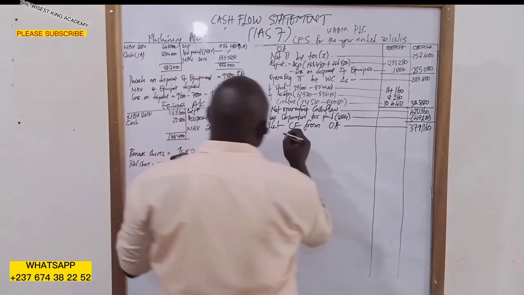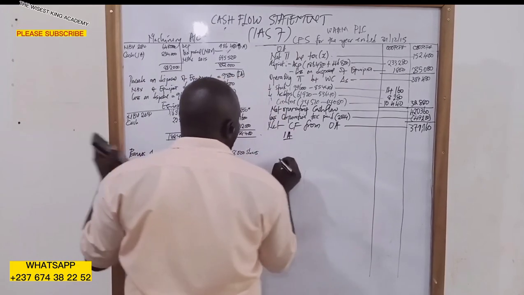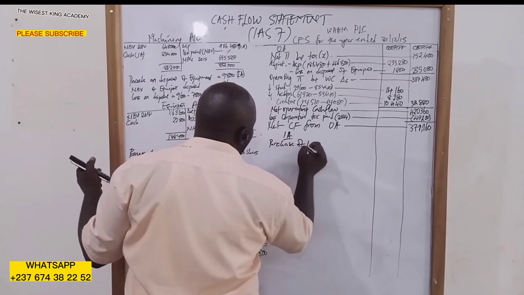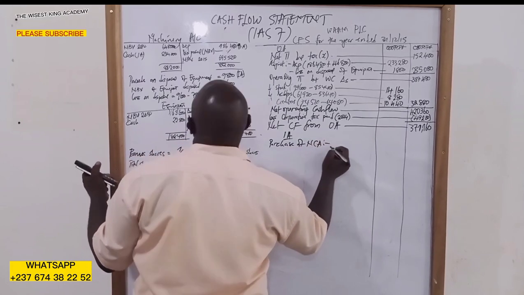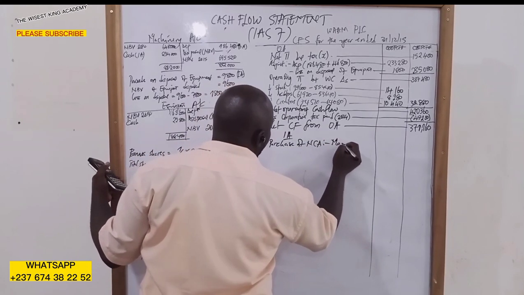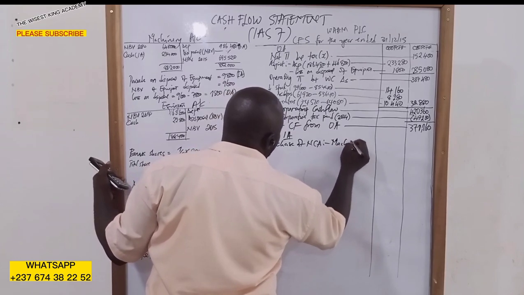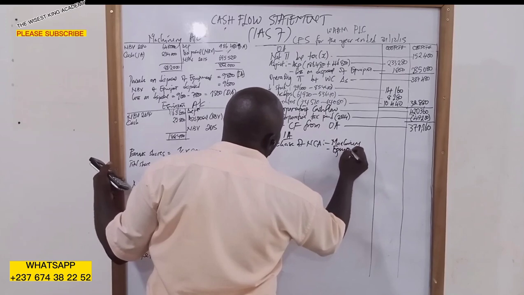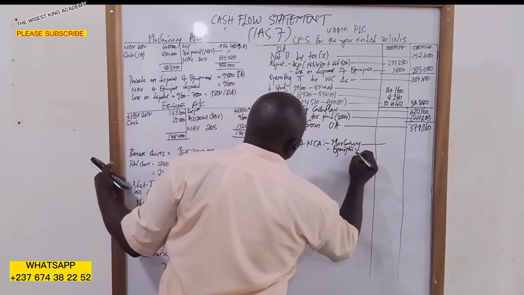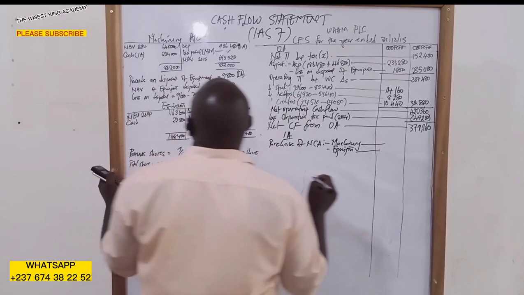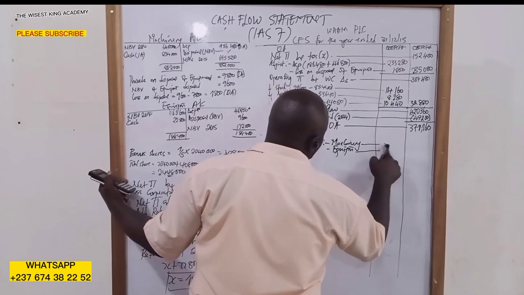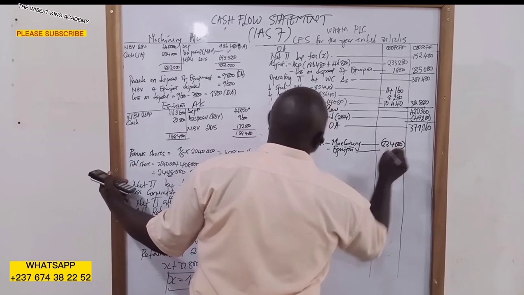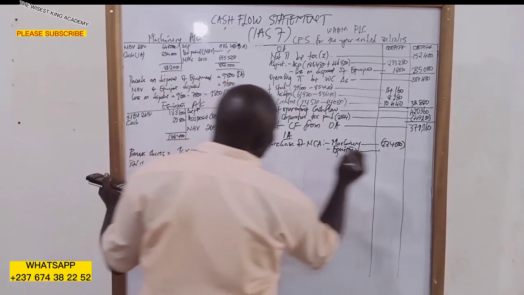So let's go to investing activities. We have purchases of non-current assets. The first one is machinery, and the next one is equipment. Purchase of machinery is 234,000 as negative. Purchase of equipment is 22,800.